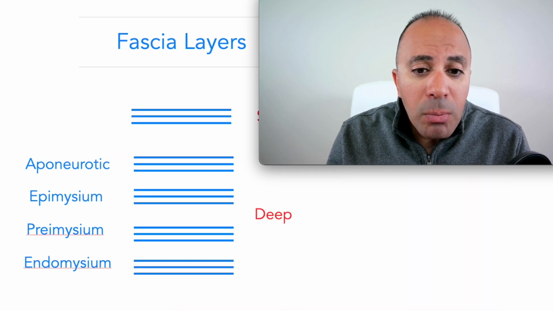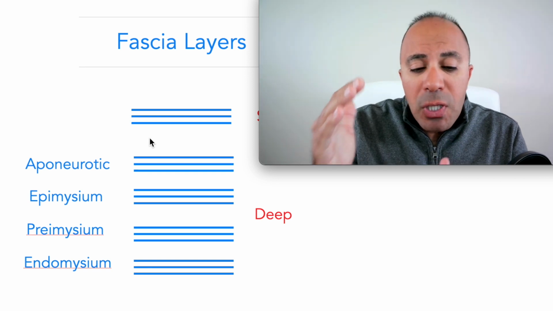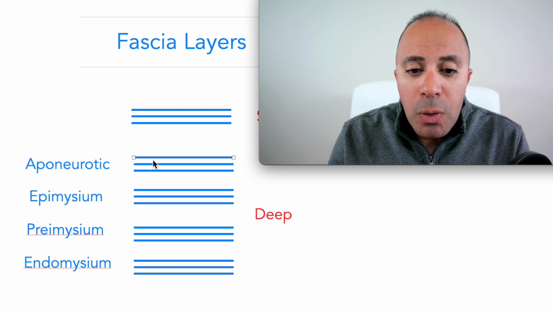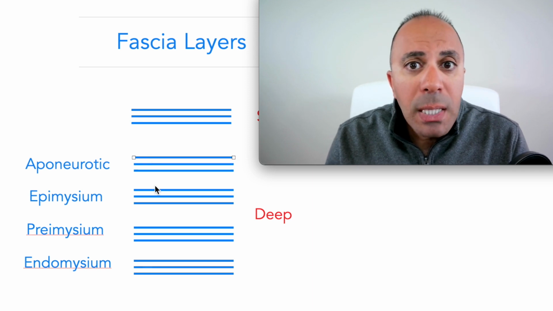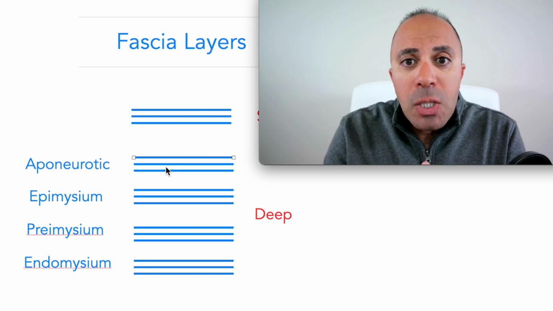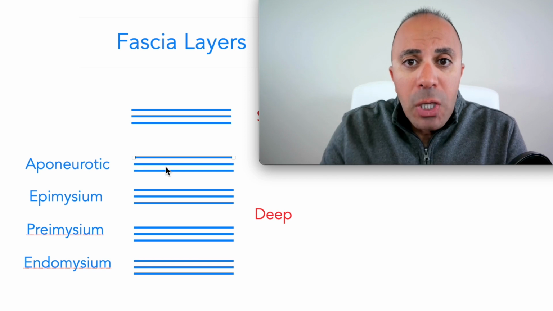To make things a little bit more complicated, each of those layers, the superficial and deep aponeurotic fascia, the aponeurosis, and the epimysium, perimysium, and endomysium, has one to two sublayers of fascia that should be gliding on top of each other.